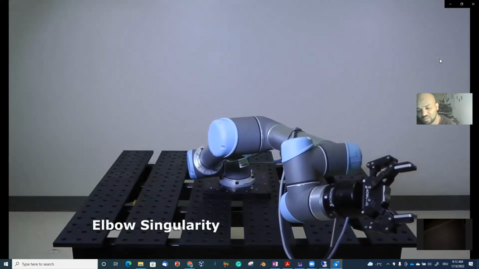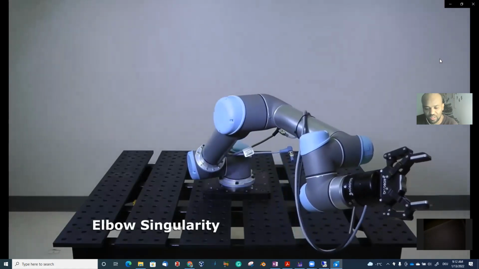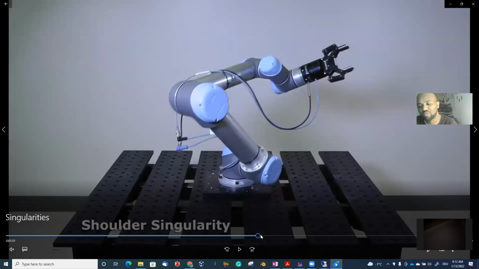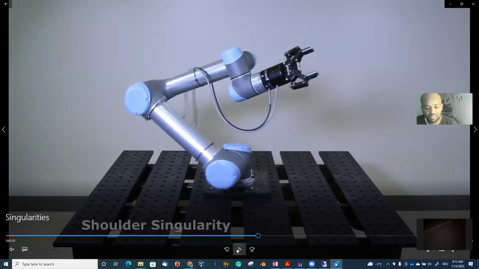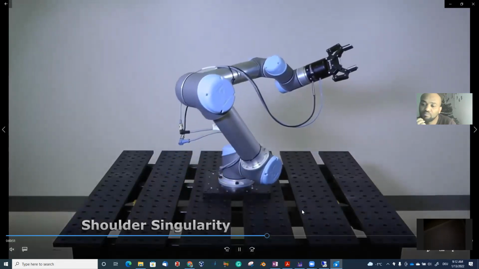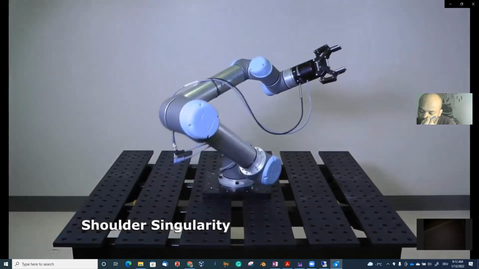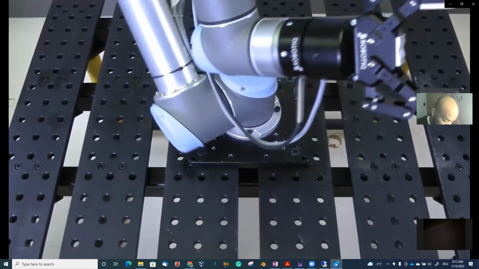One solution is to avoid the angles where singularity happens, because it is known; the manufacturer will tell you this is a singularity configuration, so avoid this. So we have to choose the angles so that the robot's angles don't reach their maximum limits, right?